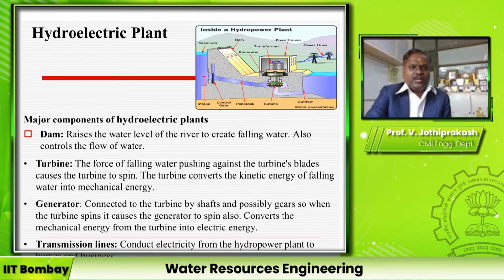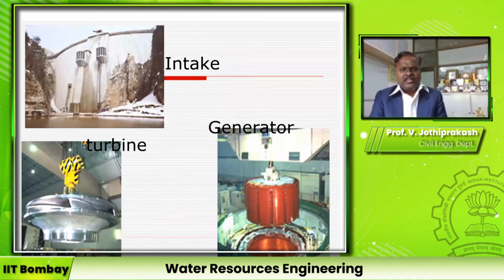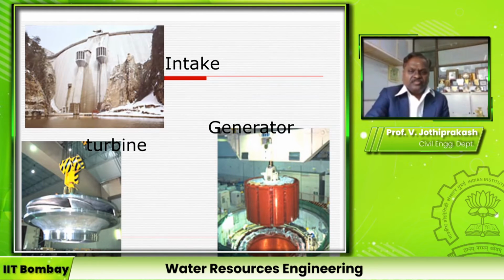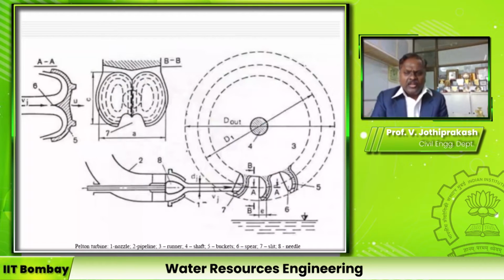These are all important components of a hydroelectric power plant, and then the electricity grid. This is a closer view of the intake structure, turbine and generator. The water which is coming through the penstock is made to impinge on a series of cups mounted on a shaft, and these cups will have different shapes depending upon the type of turbine.